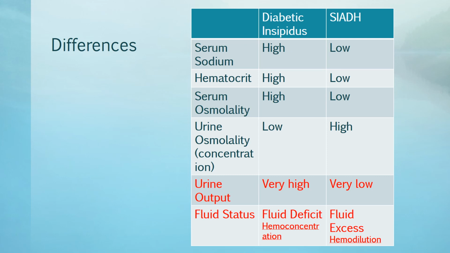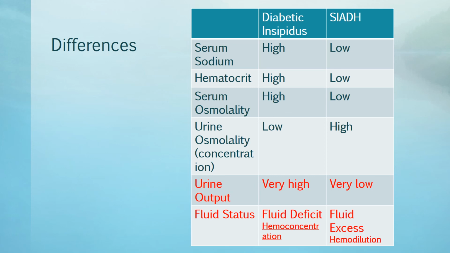Some of the electrolyte changes and assessments you're going to be looking for: they're going to have a decrease in serum sodium, less than 135. They're going to have decreased, impaired cerebral function. They're going to have decreased muscle strength, decreased deep tendon reflexes, decreased urine output.